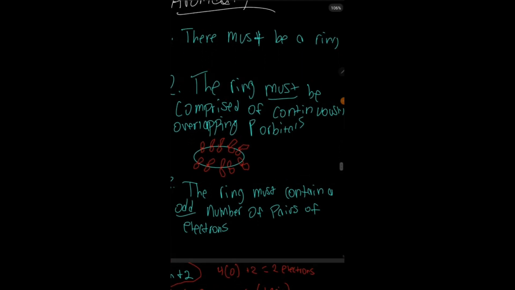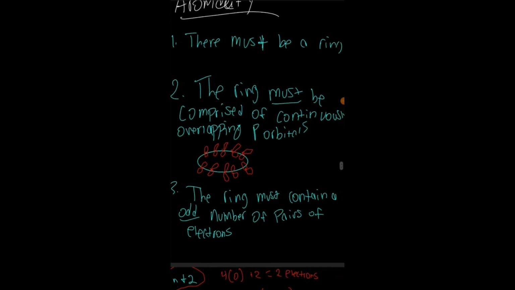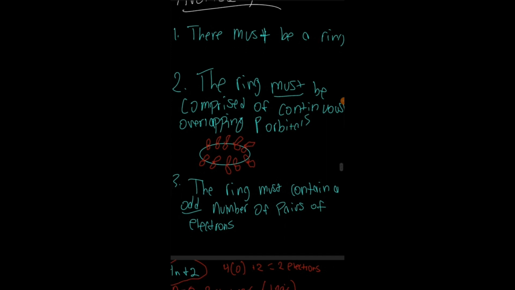I've drawn out a ring, and then I've drawn out p orbitals. Remember, they look like the infinity symbol. 3, that ring must contain an odd number of electron pairs. If it is not odd, then it is anti-aromatic, and we will get into that in a bit.